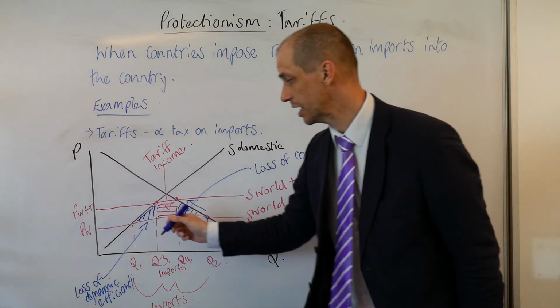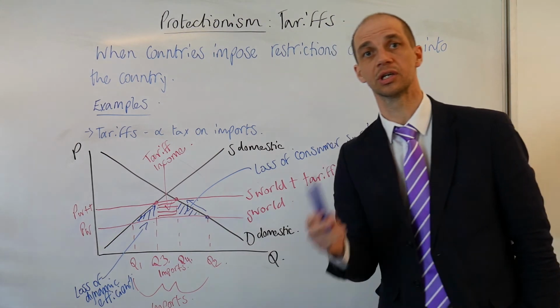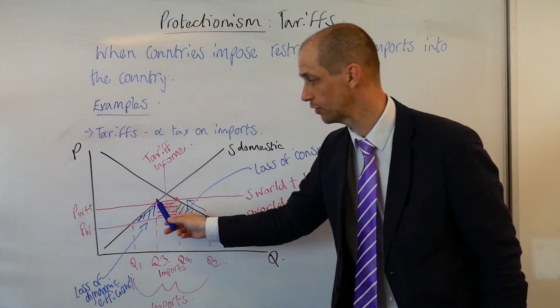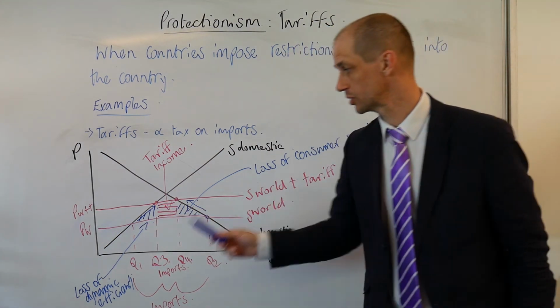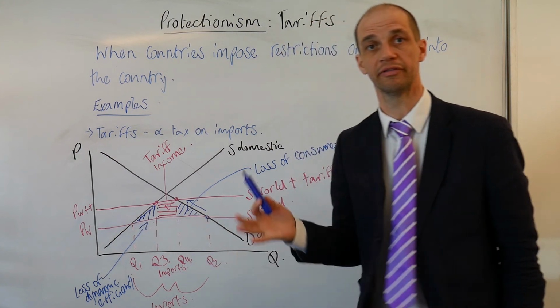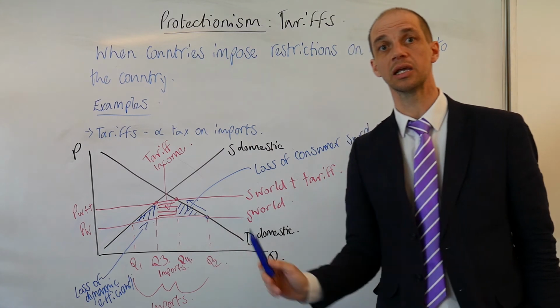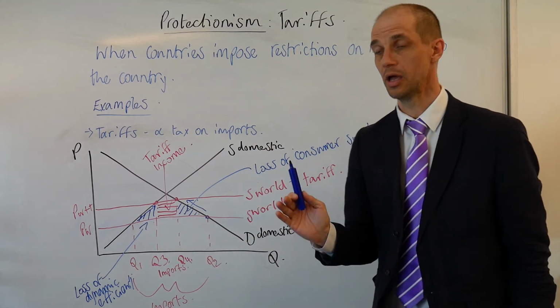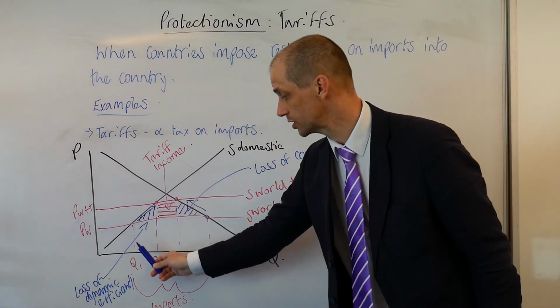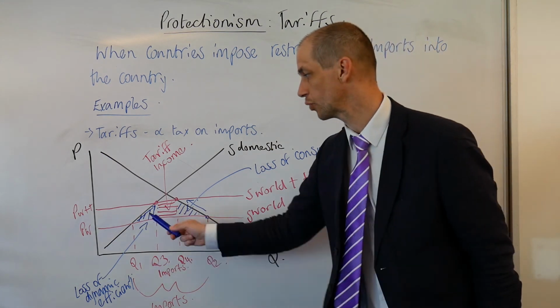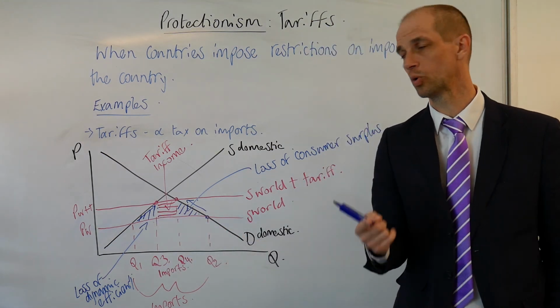I would also add in that it's also important to consider how easily can these firms actually re-enter the market. Because remember, they weren't operating under free trade, under free international trade. So how easily can they actually re-enter and start competing to restrict those imports and increase domestic production? So that's a point worth making.